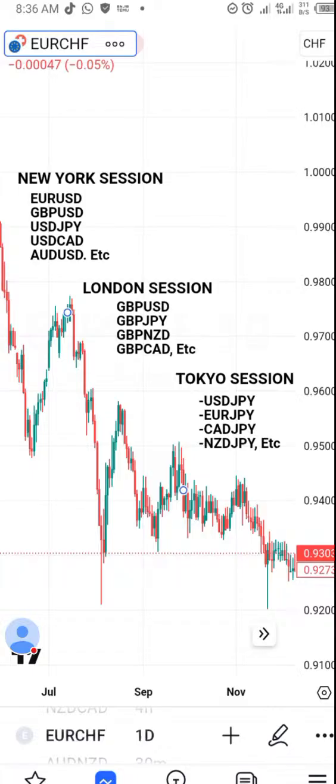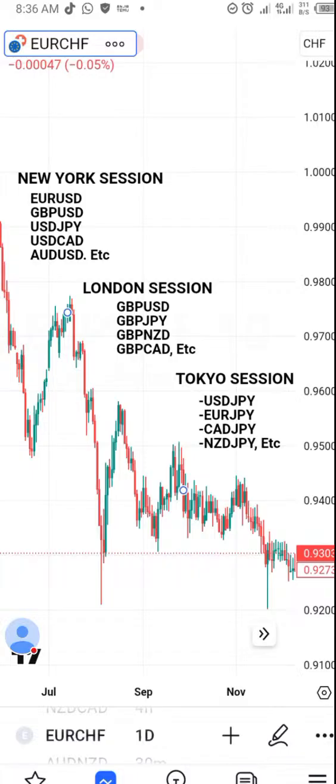So Sydney is the first session that opens the market each trading day. And it opens around 11 p.m. Nigerian time. So you can check your timing and you know which time it falls for you. So it runs from 11 to 5 a.m., 6 a.m. thereabout.